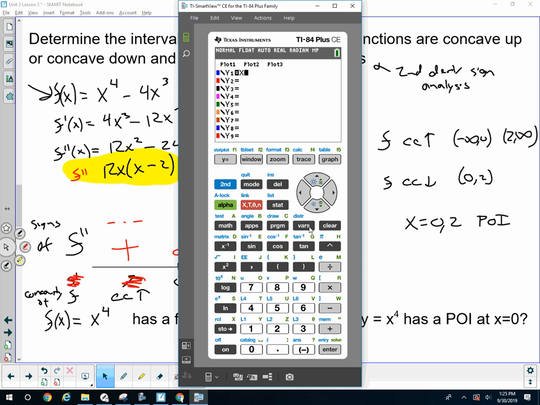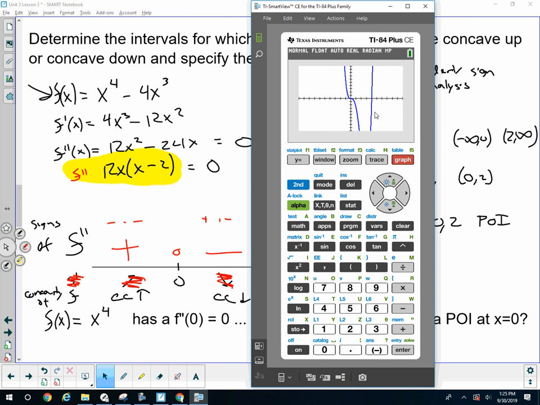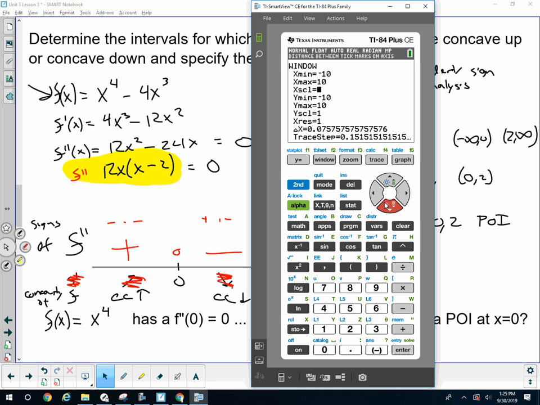If I graph the original function, x to the fourth minus 4x cubed, I will see concave up until 0, concave down. Let's see, we have a min down there, so let's pop us down to -30.